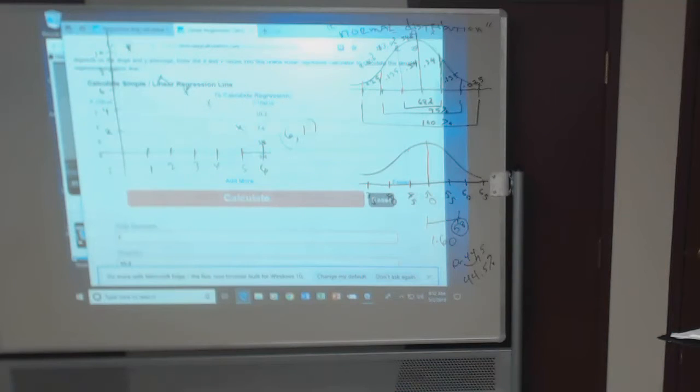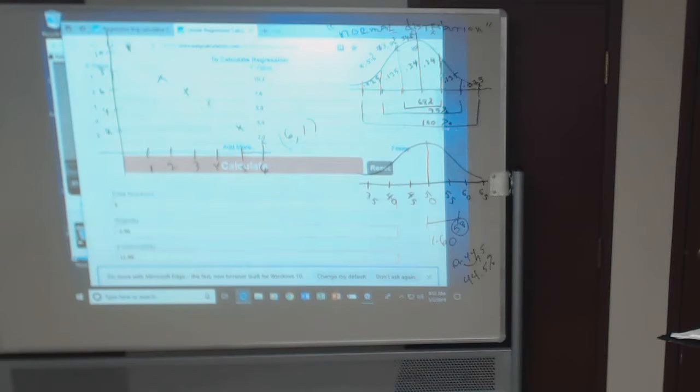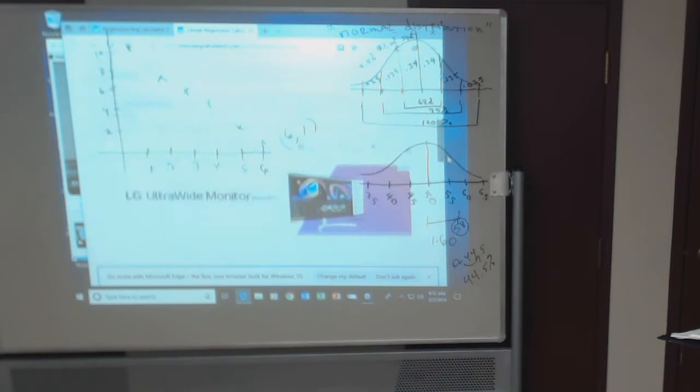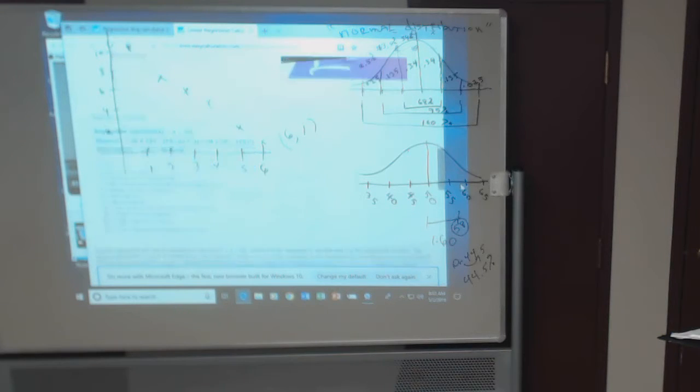X is 5, and y is 2.0. Is that it? Yep. Calculate. And there we go. The slope, the y-intercept, the regression equation.